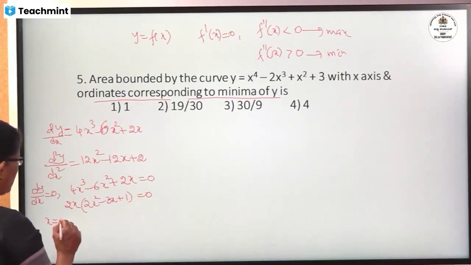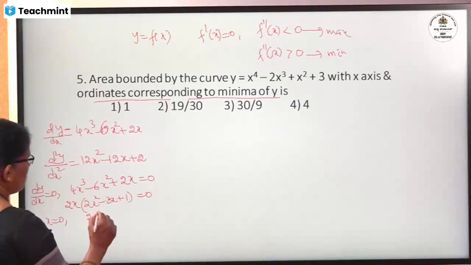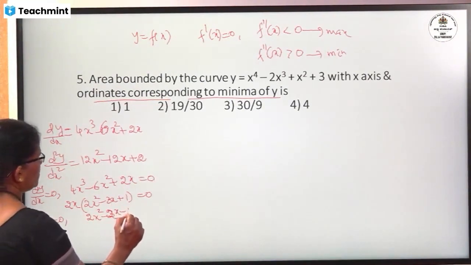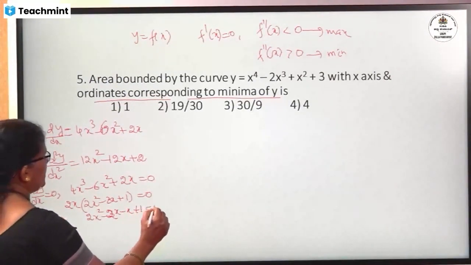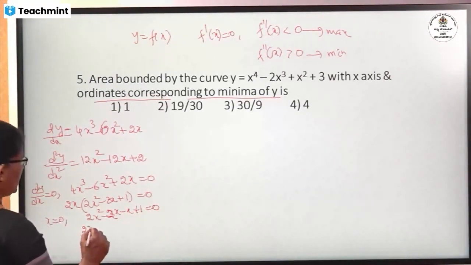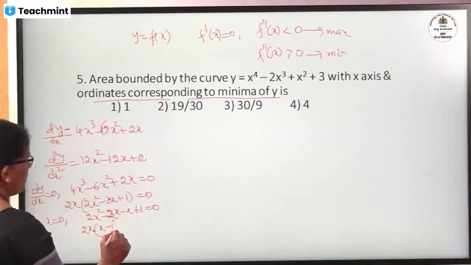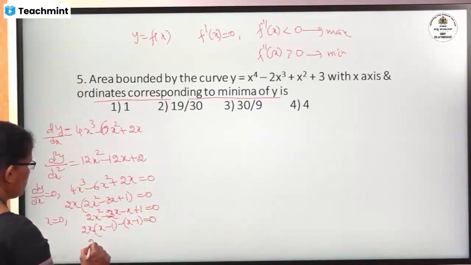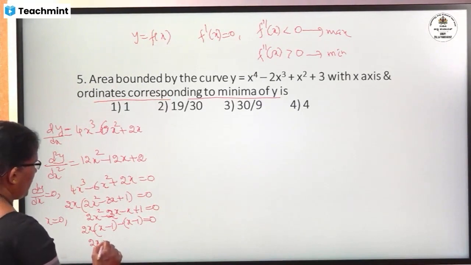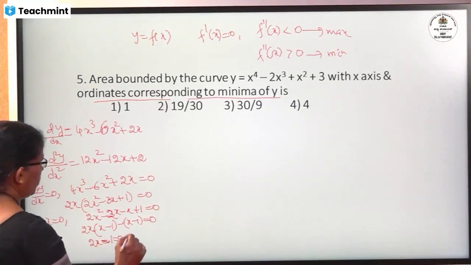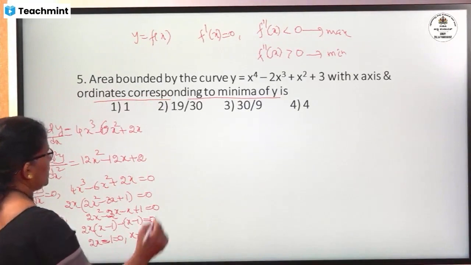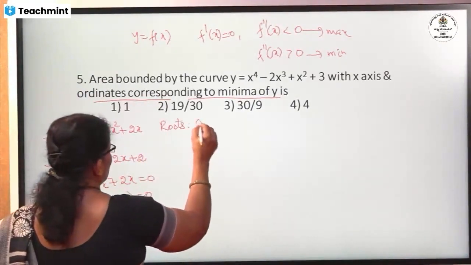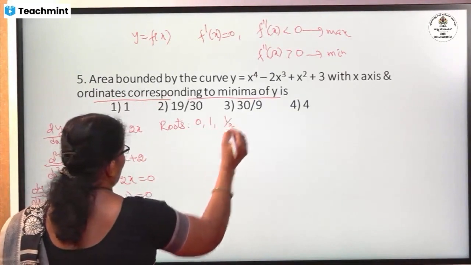So either x should be 0 or 2x^2 - 3x + 1 = 0. This minus 3x, I will write as minus 2x minus x. So if I take the roots now, you get either 2x - 1 = 0 or x - 1 = 0. So what are the roots that you are getting? 0, 1 and half.